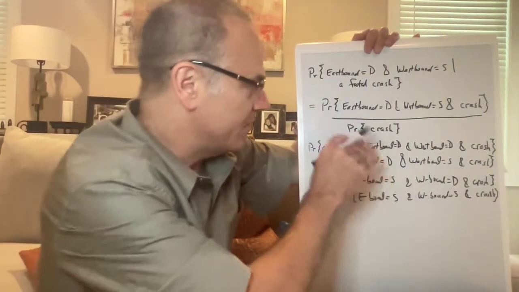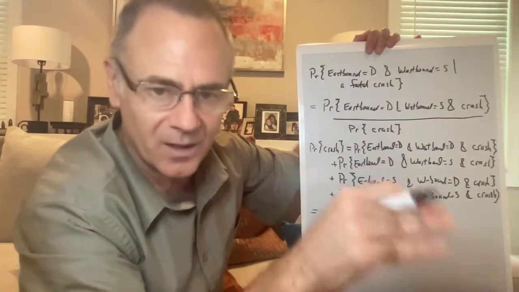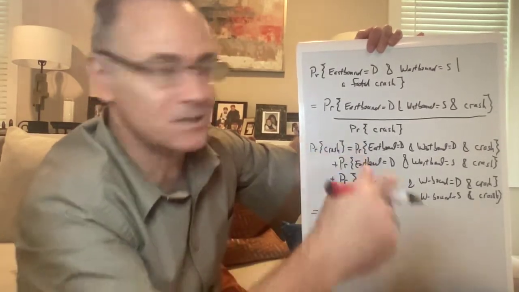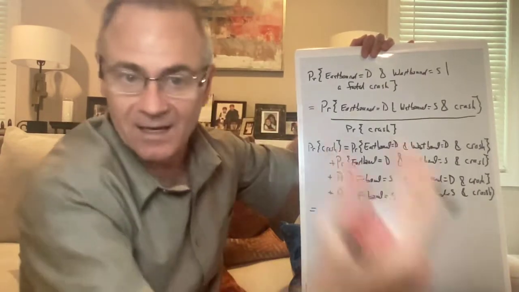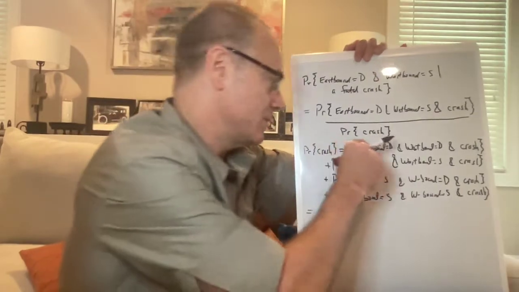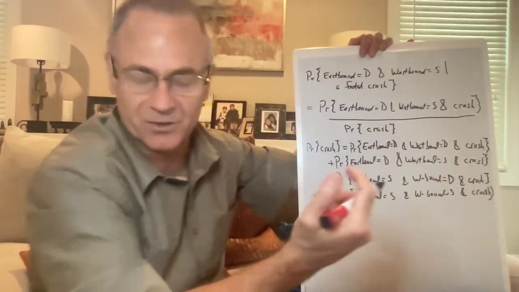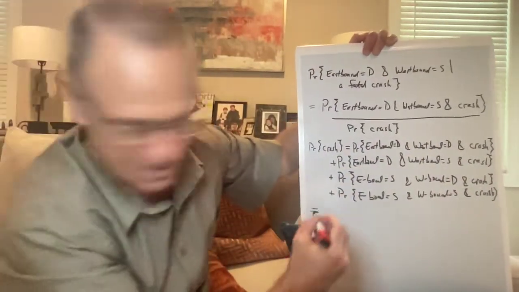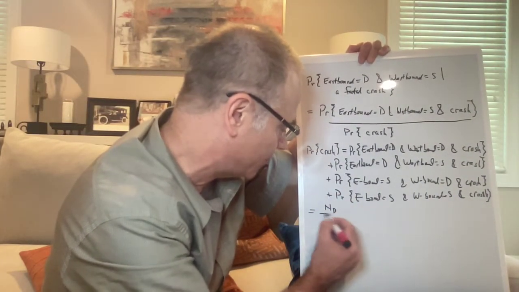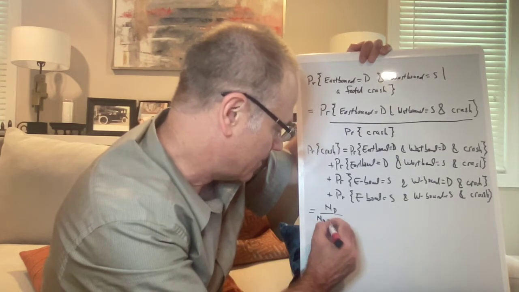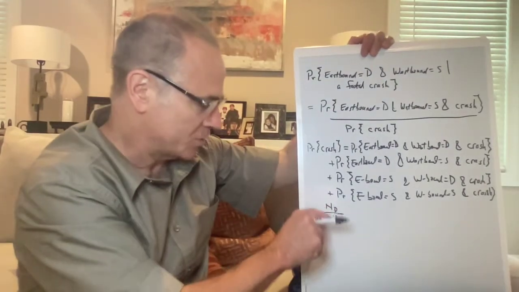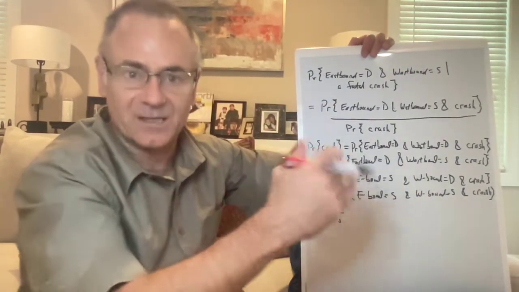The probability of this happening is the probability that the eastbound driver's drunk times the probability that the westbound driver is drunk, then the probability that they crash given eastbound driver's drunk and westbound driver's drunk. So this is just going to equal the probability that the eastbound driver is drunk is ND divided by ND plus NS. It's the proportion of the drivers at this time who are drunk.